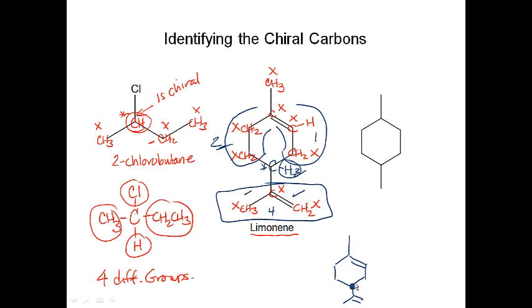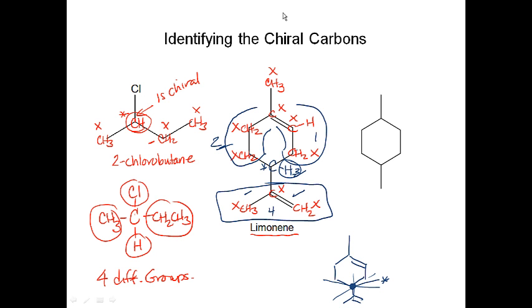In other words, is there symmetry around this carbon? No. There's no way to draw a mirror plane in this direction or this direction or this direction. There is no mirror plane that cuts the molecule in half through this carbon. Therefore, it's chiral. Okay, and that's sometimes an easier test. Any mirror planes that cut through carbons, those carbons are not chiral.